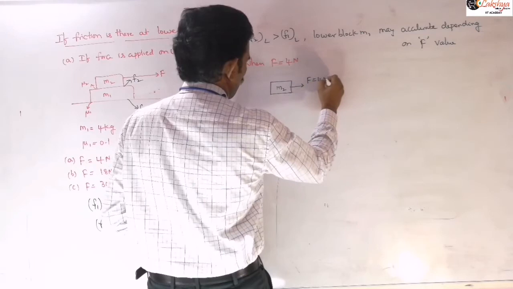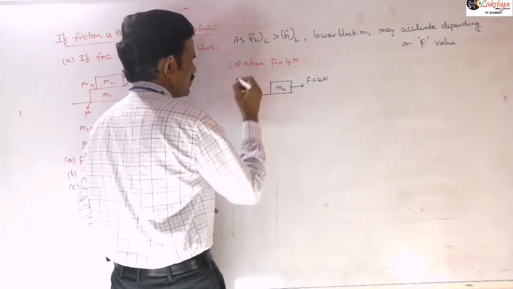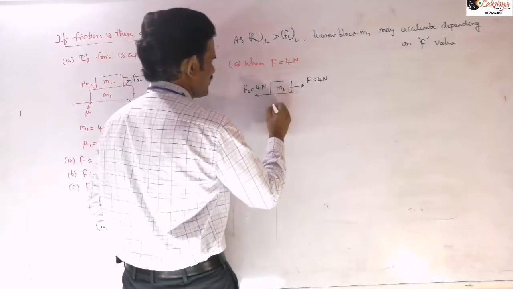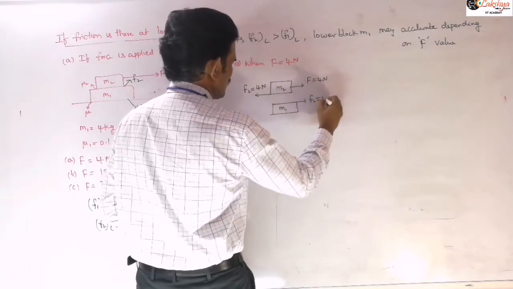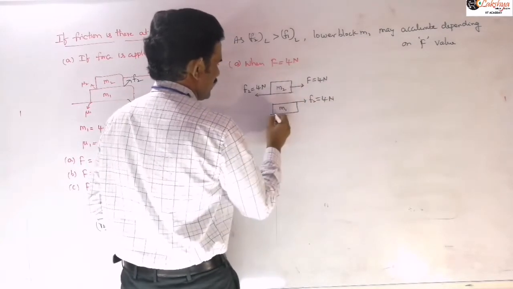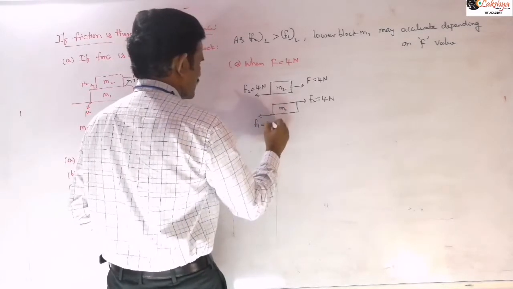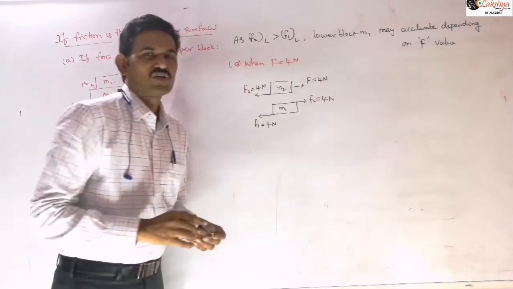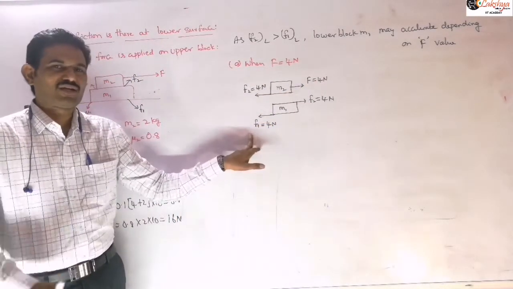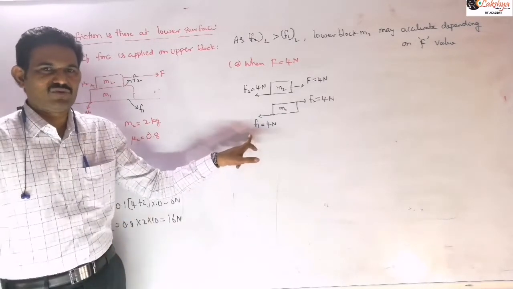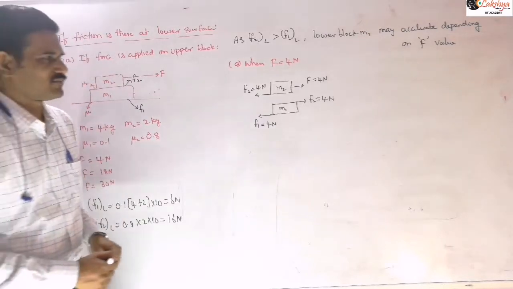So F is equal to 4 newtons here, and this F2 value will also attain 4 newtons. And so now this is M1. So this F2 is equal to 4 newtons. And so now this F1 value will be 4 newtons, which is less than this limiting friction. So what we can conclude from this is, as this F is less than that of this F1 limiting, the system will remain in equilibrium. So in this case, there is no acceleration for the system here.